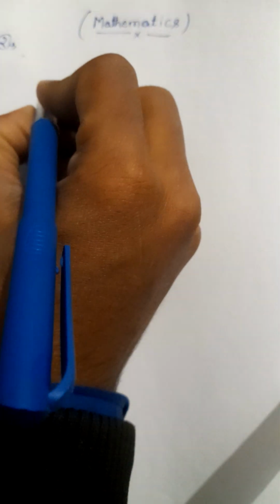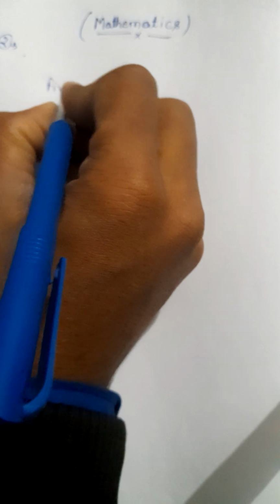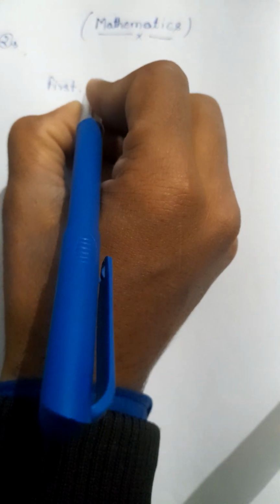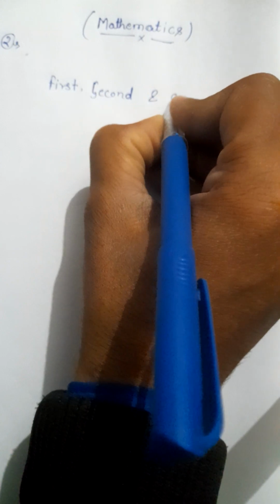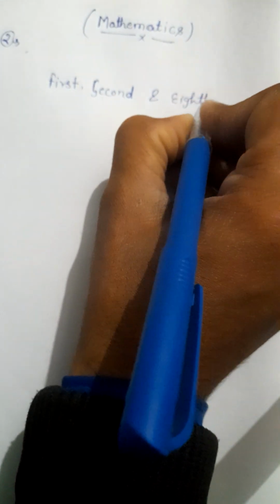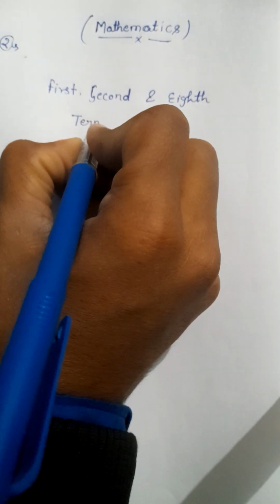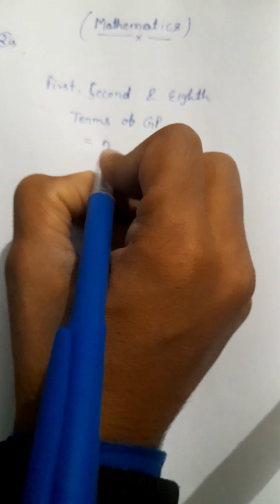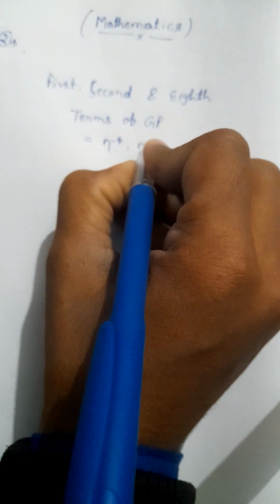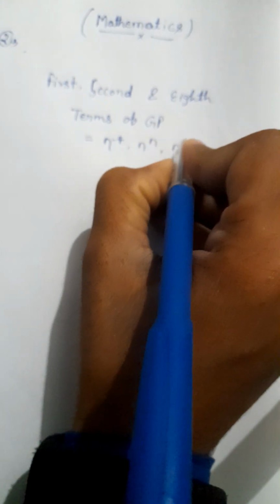Both languages, right? So in your question it is given that the first, second and eighth terms of a GP, a geometrical progression, are respectively n to power -4, n to power n and n to power 52.